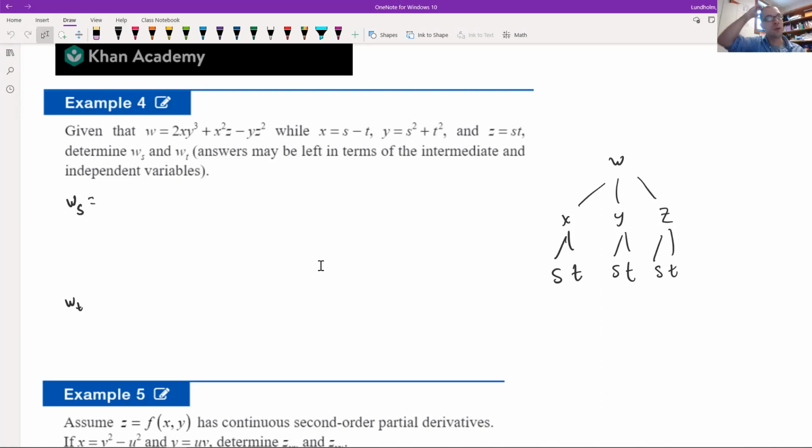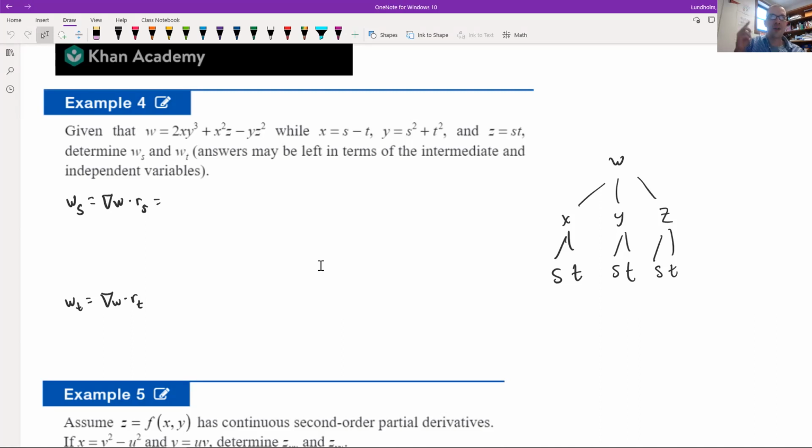But in order to find W sub S, the partial derivative of W with respect to S, we're taking the gradient of W and dotting that with, I'm going to call it R, but not prime, because it's going to be a partial derivative. It's going to be the partial derivative with respect to S. Sorry. Then we're going to do the gradient of W times the partial derivative with respect to T for this one.